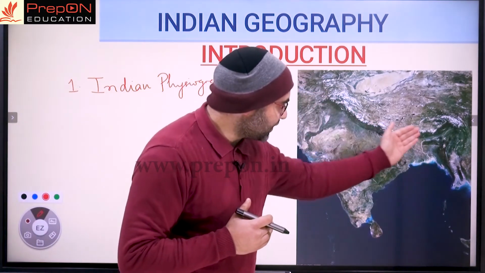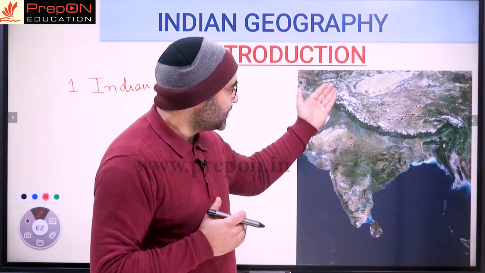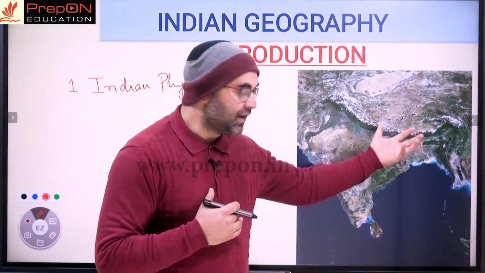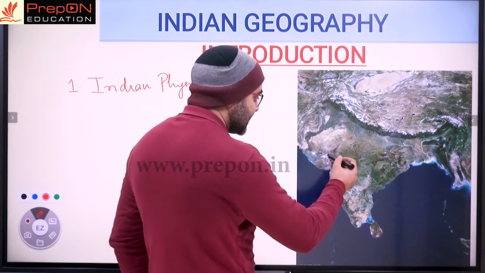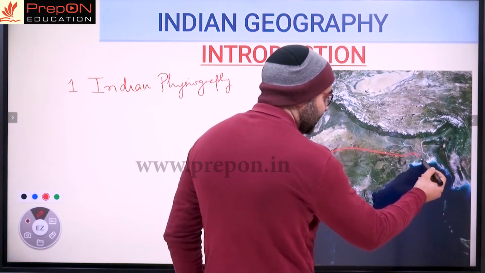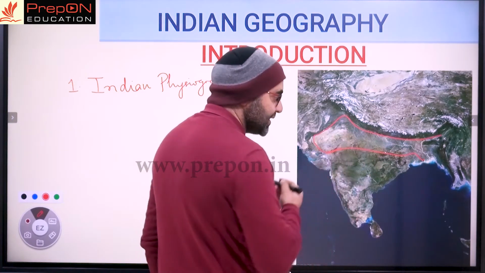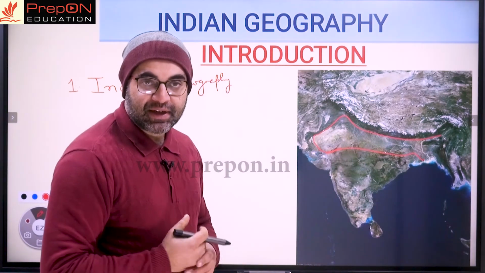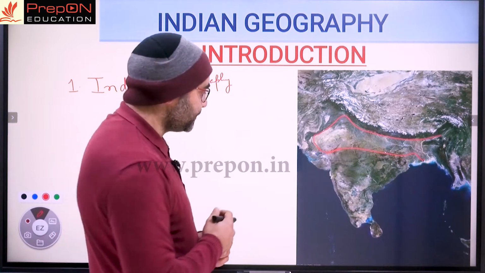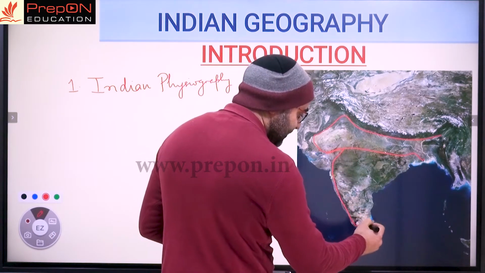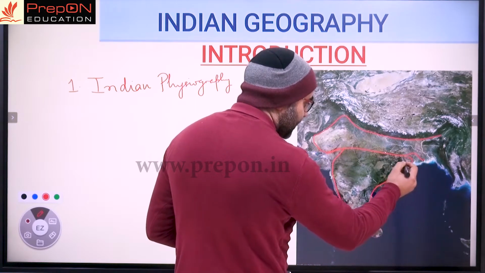If you look at the northern part of India, it's the highest mountain range in the world, the northern mountain system of India. Then you have these plains, right? North Indian plains, this huge region including the Thar desert. It's also the largest depositional feature of the world. Then we have this massive shield or plateau region.